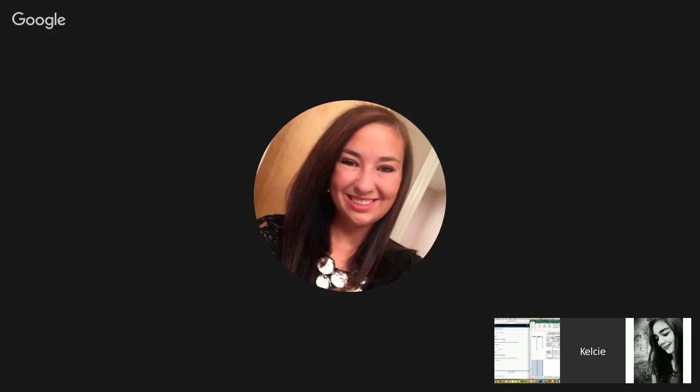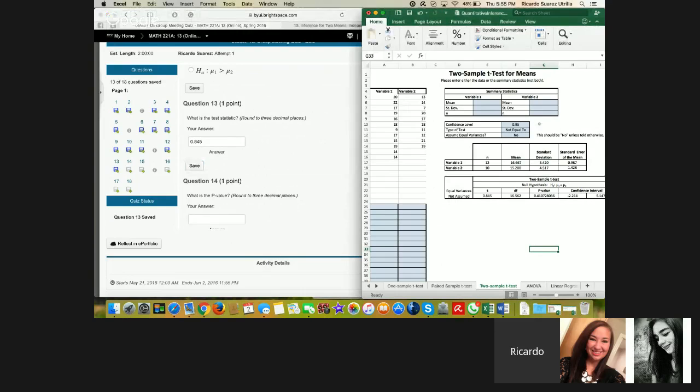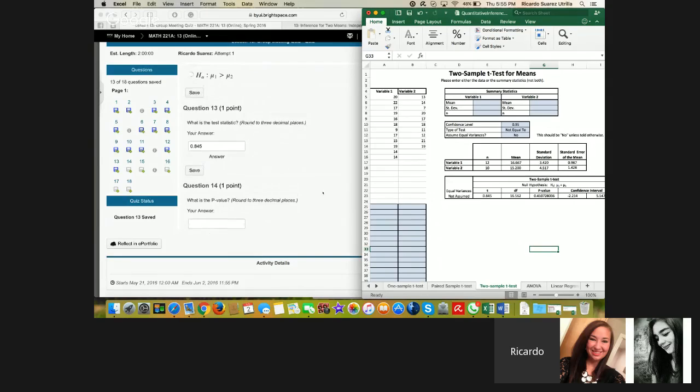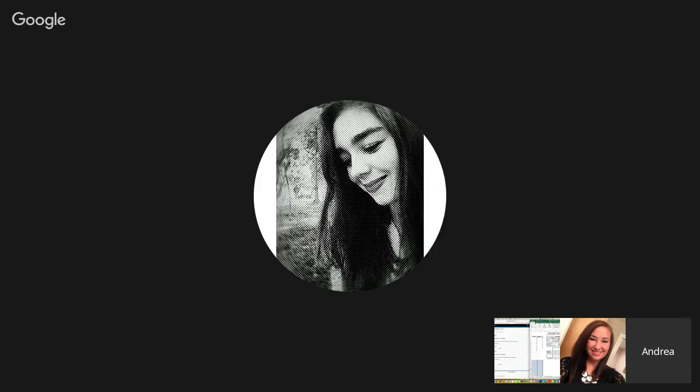So do we agree that it's going to be 0.95 for the confidence level? I just have a question. The formula here is mean 1 equals mean 2, that's the null hypothesis. In the chart, there is no equal, it's just not equal, less, or greater. What are you putting for the type of test?